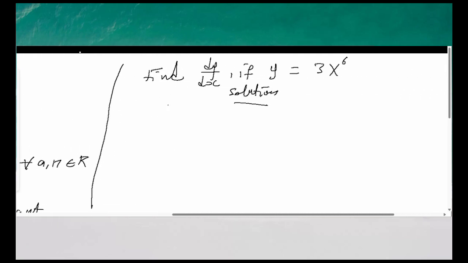We're going to apply the same thing here. We're going to have dy/dx equal to, you multiply 6 by 3x raised to the power 6. Then we decrease the exponent by 1. 6 times 3 is going to give us 18.